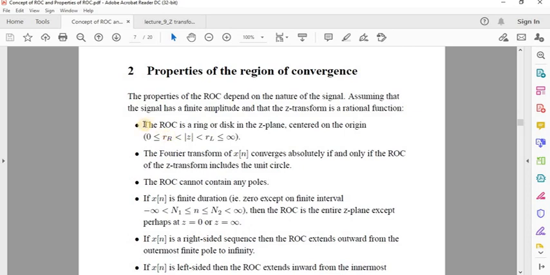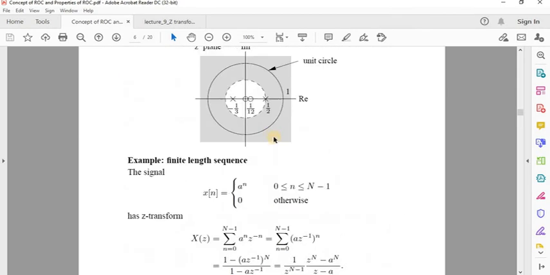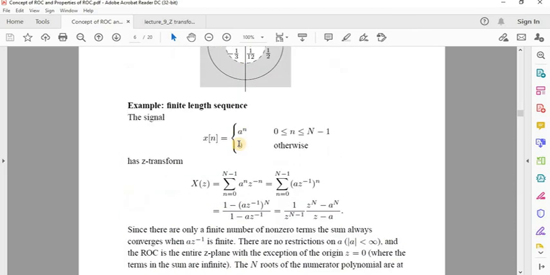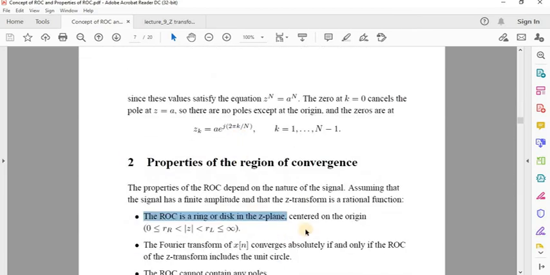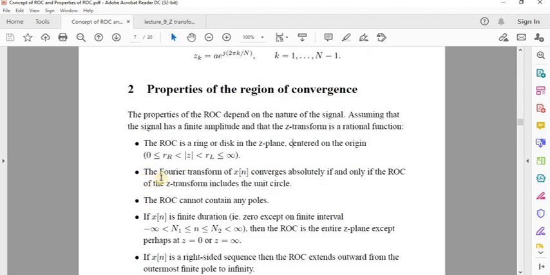So the first property is the ROC is a ring or disk in the z plane, centered at the origin. This is a basic point. Second is the Fourier transform of x of n converges absolutely if and only if the ROC of the z transform includes the unit circle.